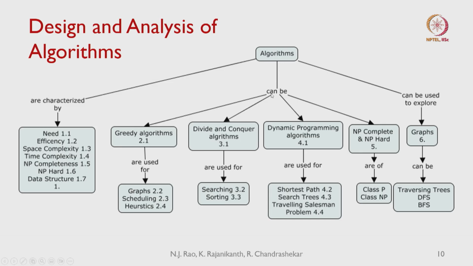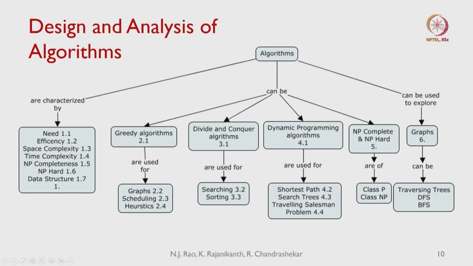There is a link here, and you have a linking phrase. The linking phrase here is "can be". Algorithms can be greedy algorithms, divide and conquer algorithms, or dynamic programming algorithms, and NP complete and NP hard algorithms.